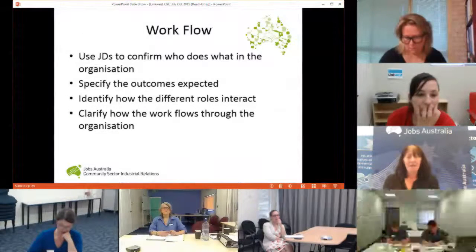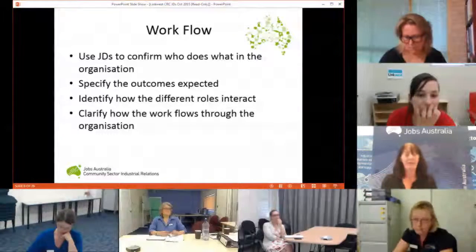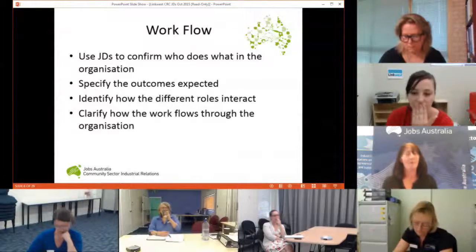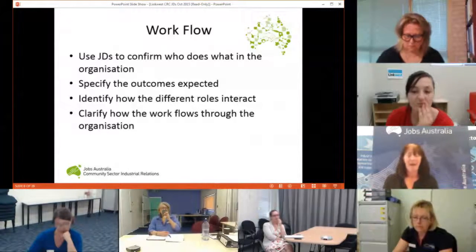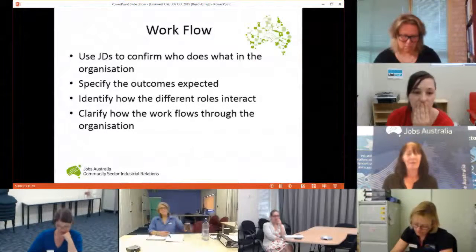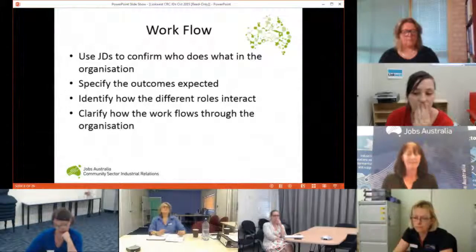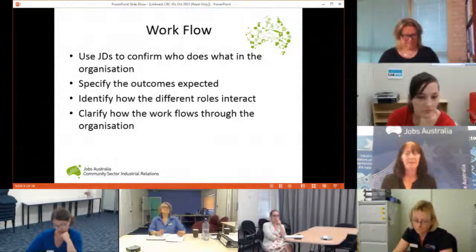It also allows you, as we talked about, how each of the roles interact with each other. What are the working relationships and what level of authority do people have? And allows you to clarify how the work flows through the organisation. Now that's a great way. When you're looking at how the work flows through, that's a really good opportunity for you to then go back and assess, are there any holes? Is there something missing somewhere in the process?